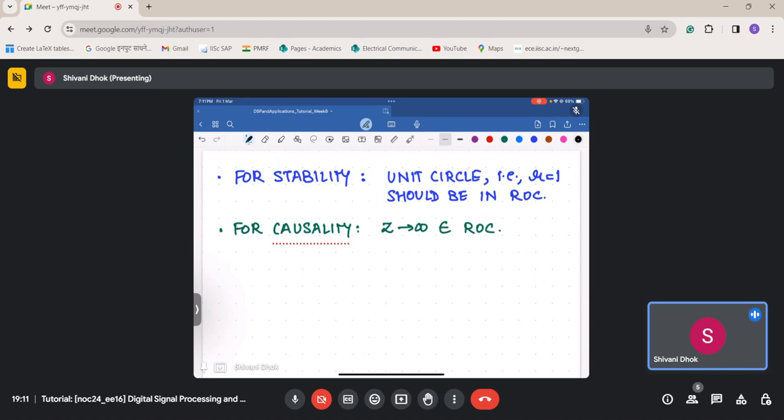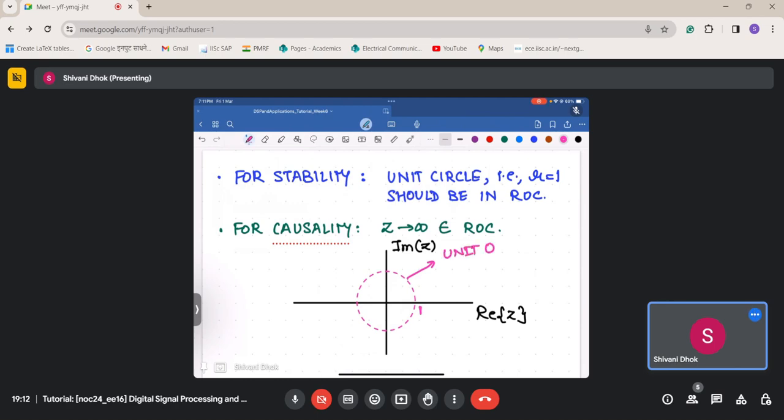Okay, now let us try to understand this with the help of a pole zero plot. So we have the real part of z here and the imaginary part of z here, and this is our unit circle.